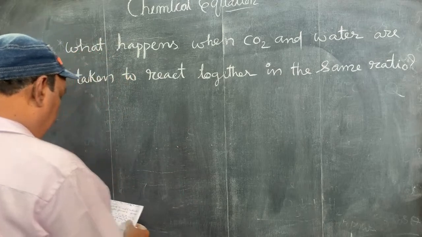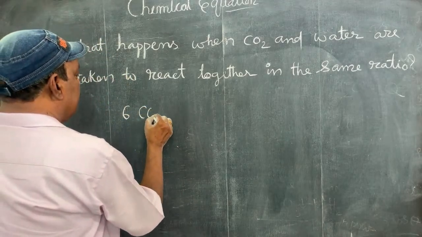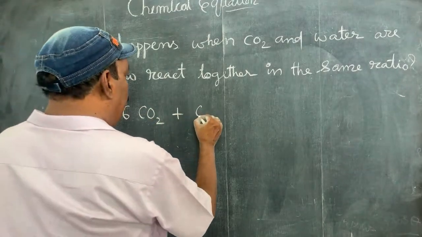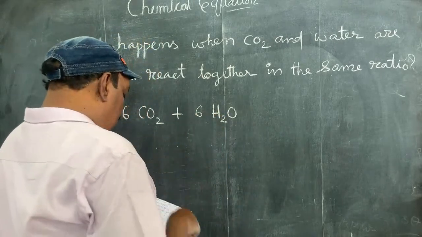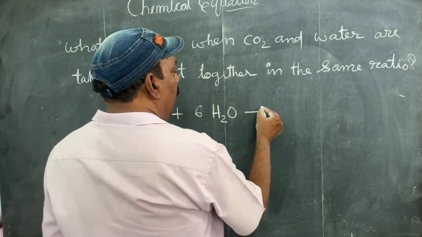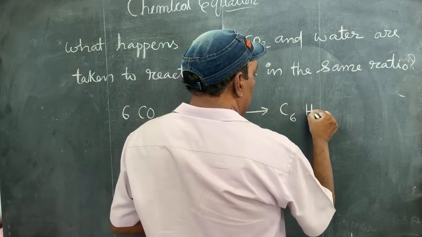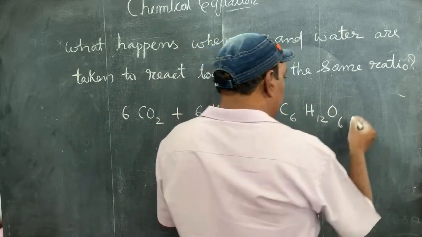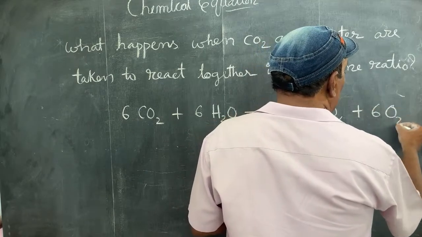Suppose I am taking 6 molecules of carbon dioxide plus 6 molecules of water, then I am getting C6H12O6 plus 6 O2.